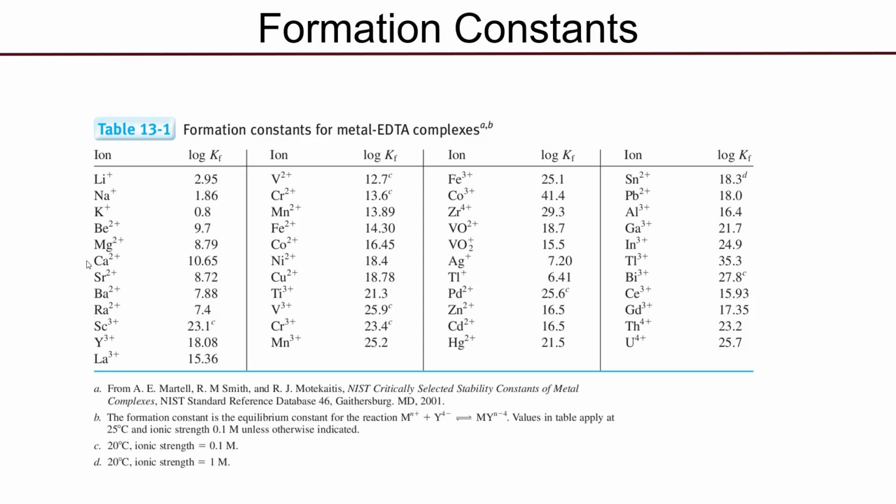That requires a little extra math and a little extra thought to unravel the value of your equilibrium constant, but you can absolutely do it. So just keep that in mind. Make sure you recognize what the table's saying to you. All the formation constants you need for complexing with your standard metal cations can be found in this table.